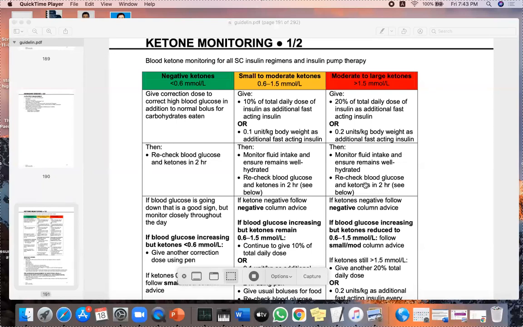So in that case, the person is at high risk of developing hyperglycemic complications like DKA, or hypoglycemia. Okay. So what we are going to monitor: every 2 hours, when a known case of type 1 diabetes is sick, we will monitor blood sugar and also blood ketone.